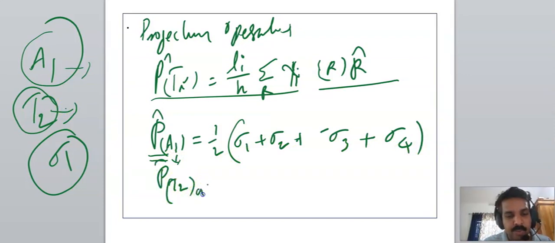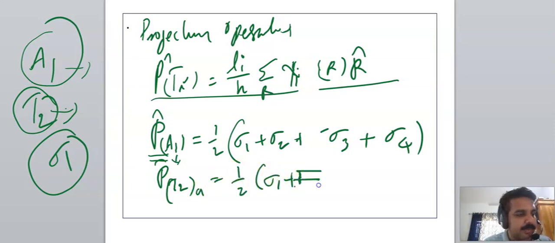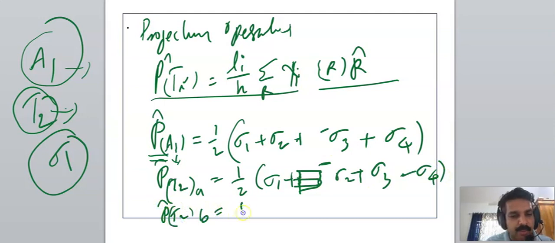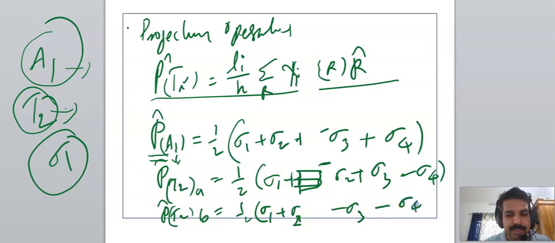P cap T2A is equal to 1 by 2 into (sigma 1 plus sigma 2 minus sigma 3 minus sigma 4)... P cap T2B is equal to again 1 by 2 into (sigma 1 minus sigma 2 plus sigma 3 minus sigma 4).